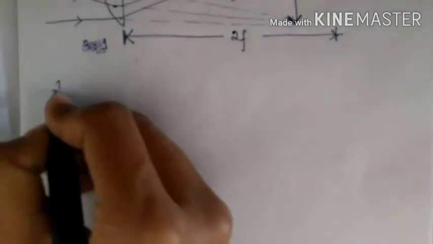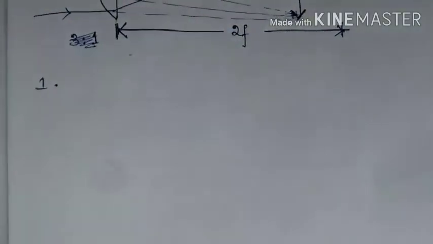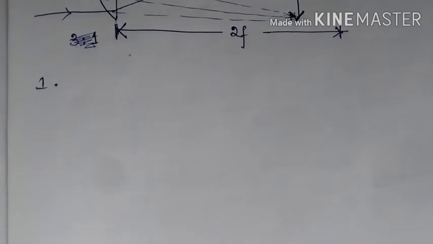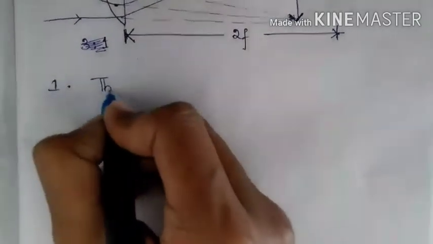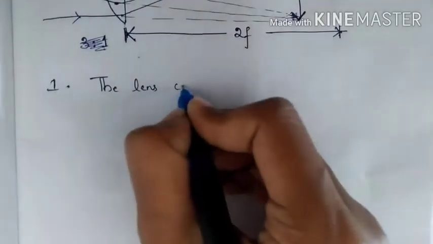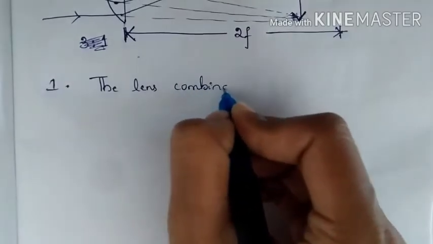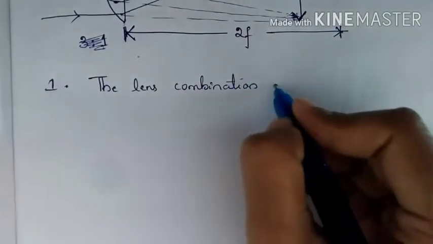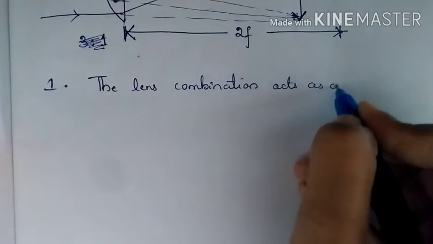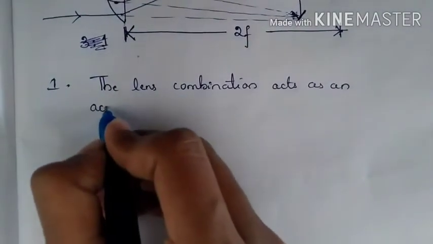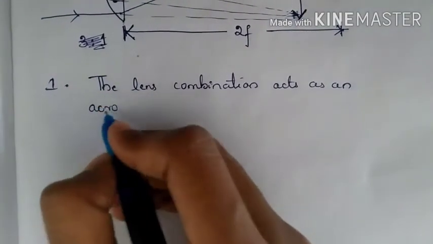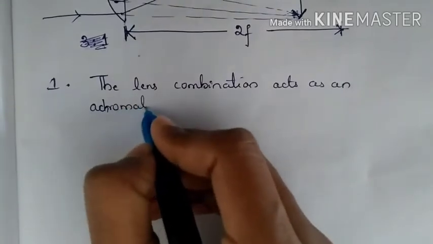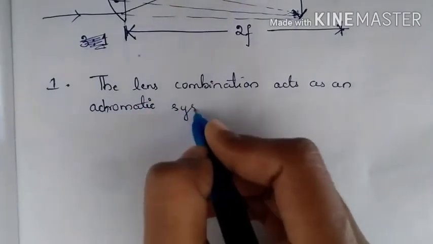So the first condition to eliminate the chromatic and the spherical aberration is the lens combination acts as an achromatic system.